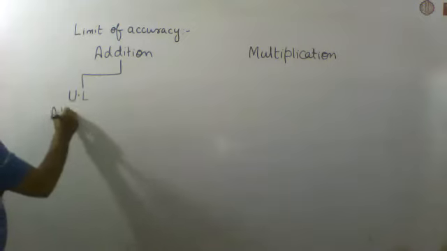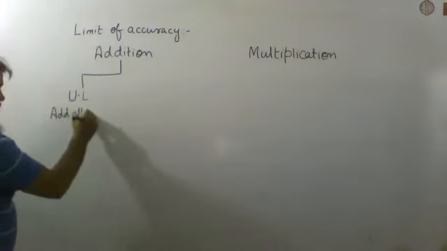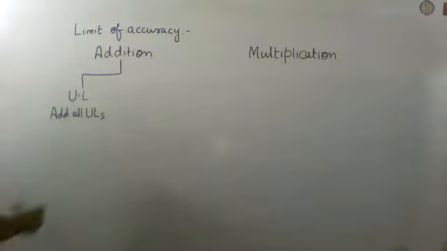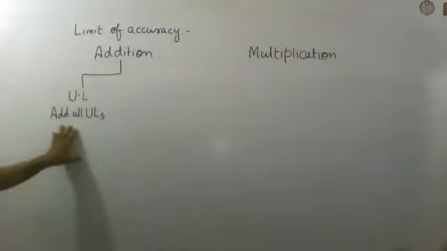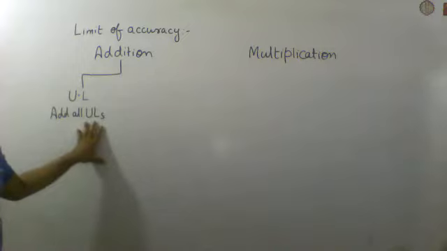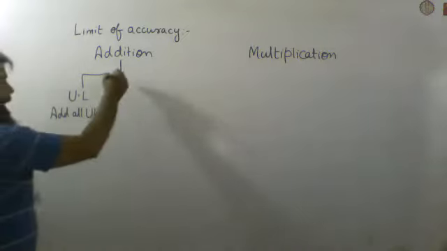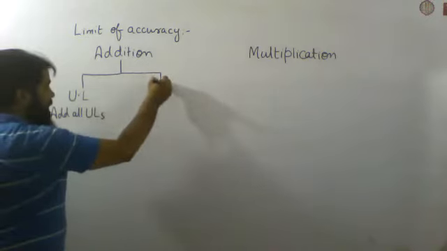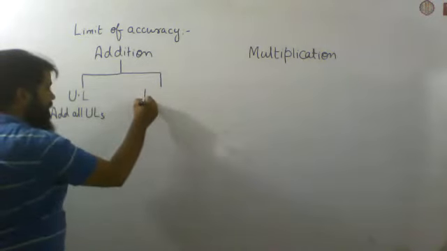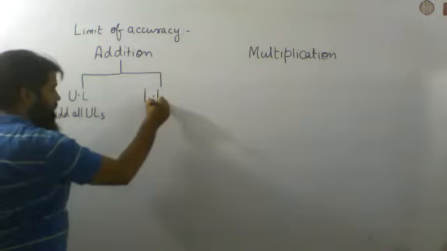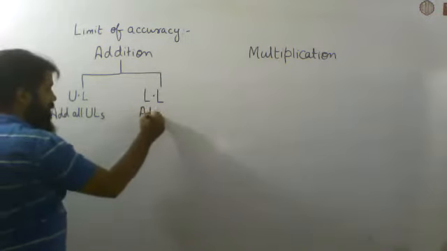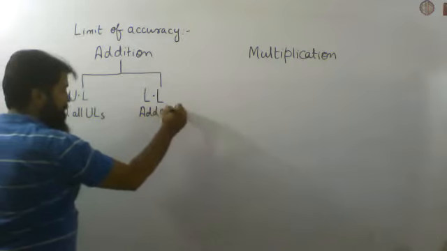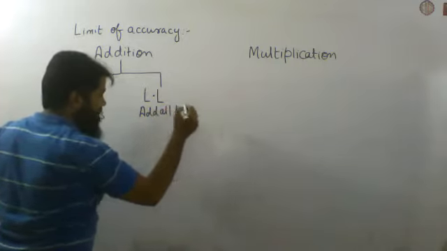Add all upper limits. In order to find the upper limit, you will add all upper limits. Okay? And in order to find the lower limit of addition, you will add all lower limits.